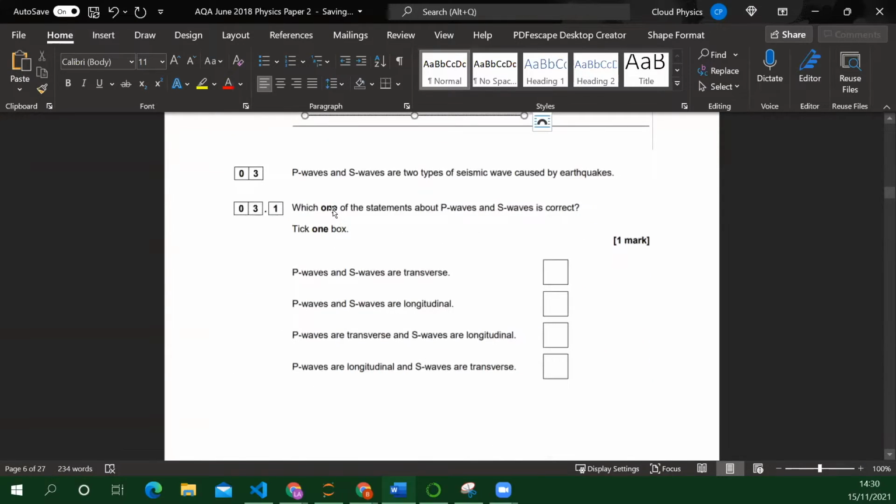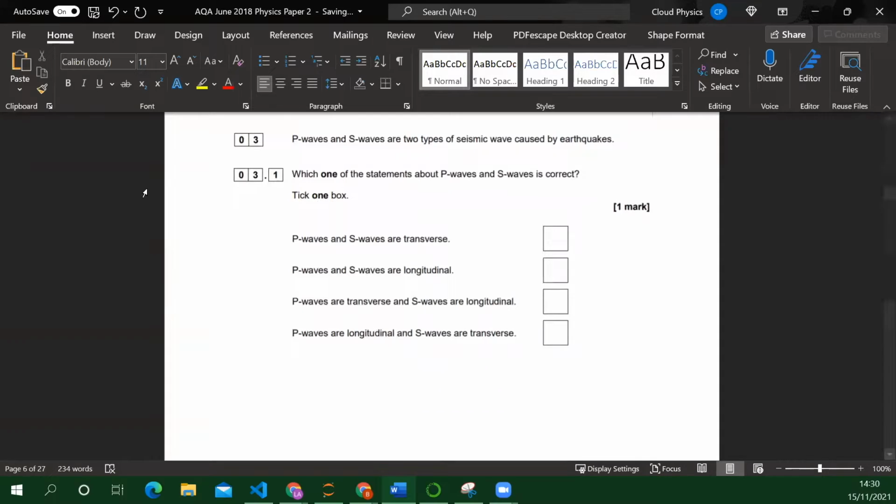Okay. P waves and S waves are two types of seismic wave caused by earthquakes. Which one of the statements about P waves and S waves is correct? We can do it by process of elimination. Both transverse? No. Both longitudinal? Nope. P waves transverse and S waves longitudinal?